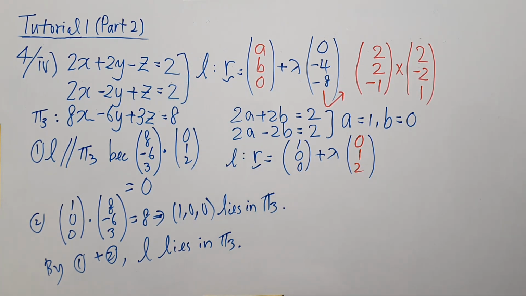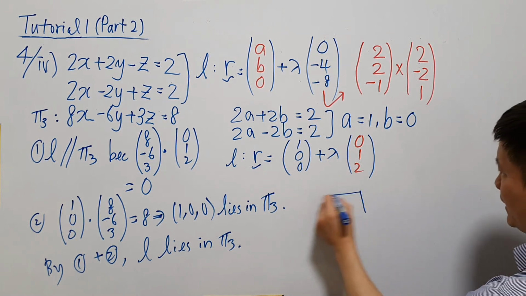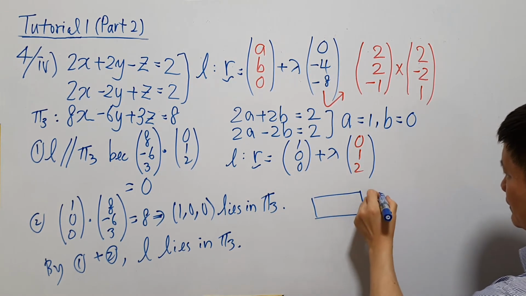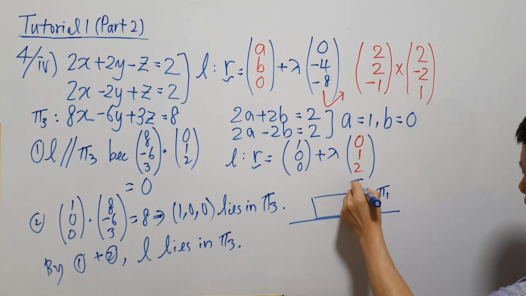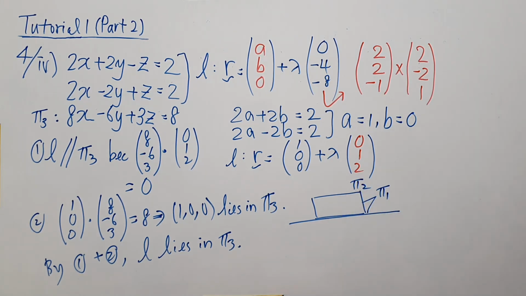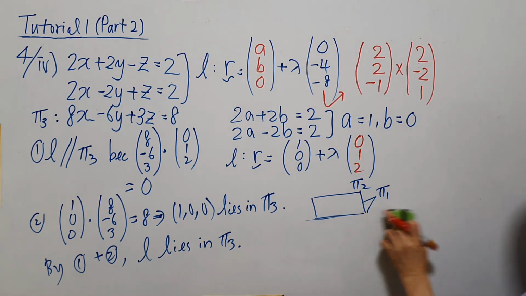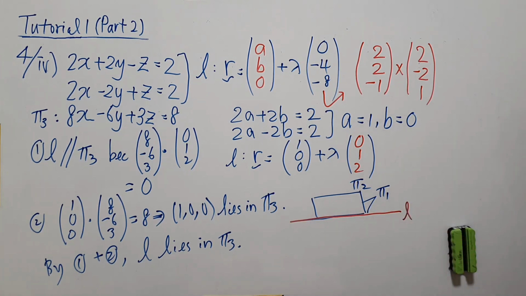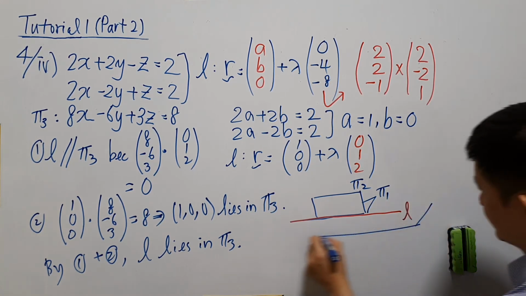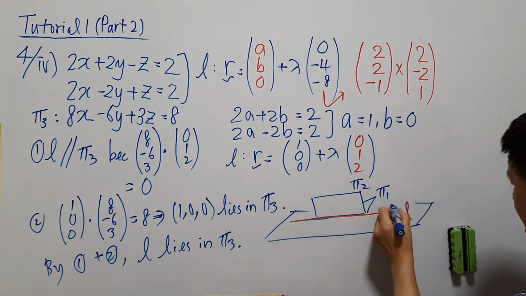Which means what we have here is the intersecting line of the first two planes. It lies on the third plane. In the diagram that I drew for you, I've drawn it like this. This is the line L. So if this line L lies in the third plane, this is the third plane.